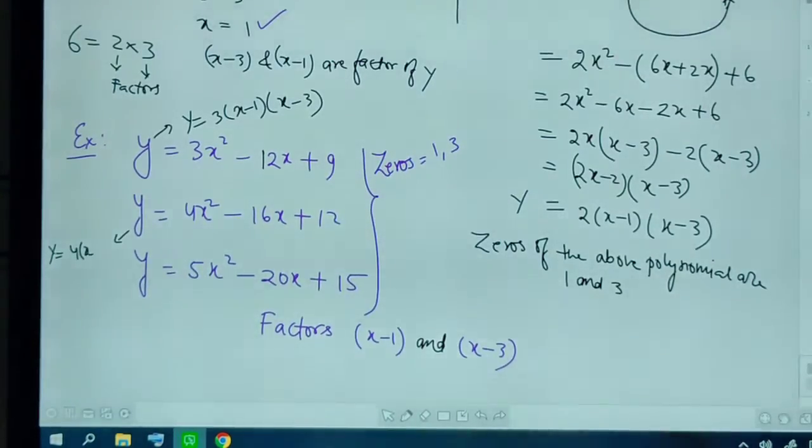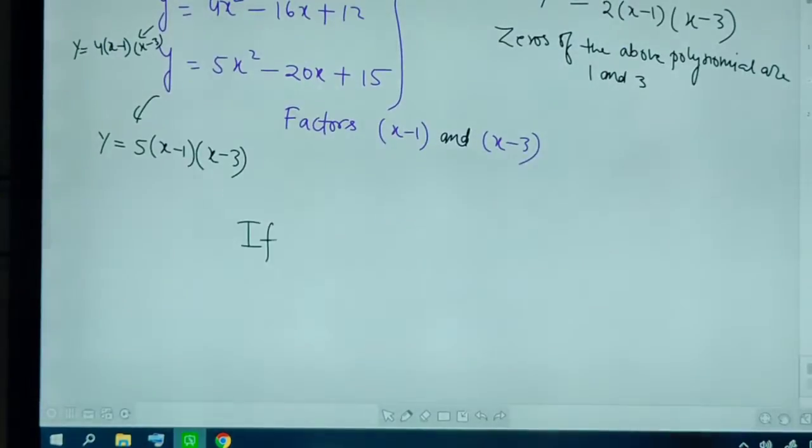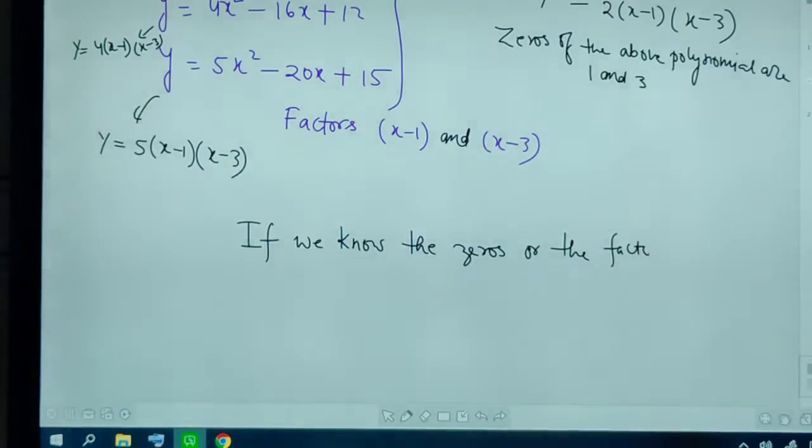So for the example y equal to 3x square minus 12x plus 9, we can write y as 3 into x minus 1 into x minus 3. For the next example we can write y as 4 into x minus 1 into x minus 3, and in the next example y can be written as 5 into x minus 1 into x minus 3.